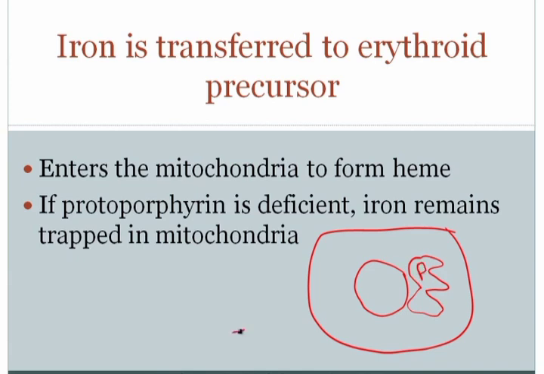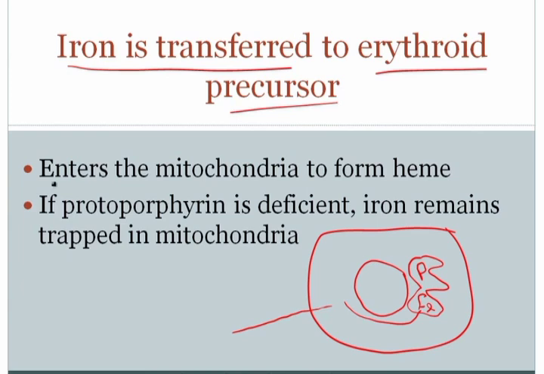At the same time, iron comes from the bone marrow macrophages, is transferred to the erythroblast, the cell that's producing the red blood cells, and then iron also gets transferred to the mitochondria. And when iron and protoporphyrin meet in the mitochondria, iron gets bound to protoporphyrin, and that's what creates heme. So that's what I'm saying here: iron is transferred to the erythroid precursor, and it enters the mitochondria to form heme.